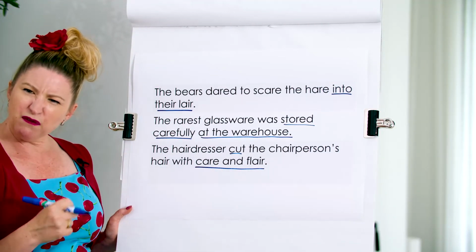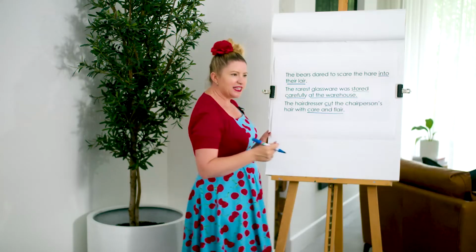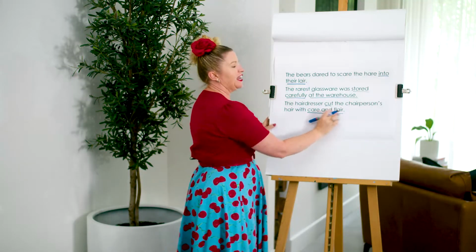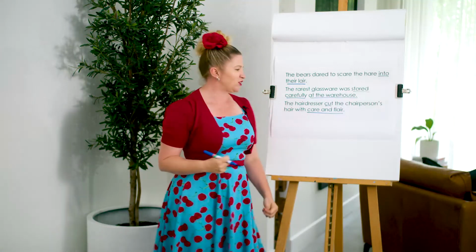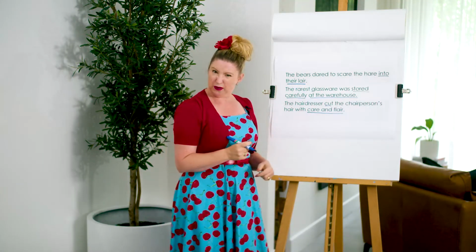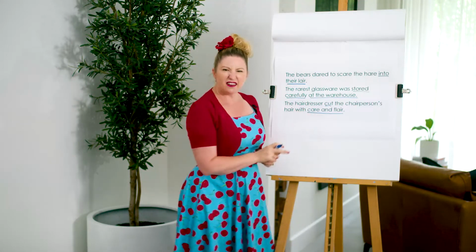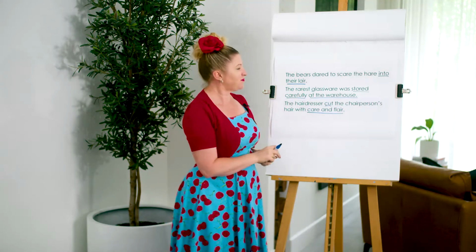Care means they were a bit careful. Flair means that might have been really fancy, or they might have been throwing their scissors around as they did it. They did it with flair. It's kind of another word like style. If you've got flair, you've got style. So the hairdresser might have been sitting there and chopping the hair with flair. But being careful too, because we don't want to snip the chairperson's ear, do we? Glad the hairdresser did that with care.